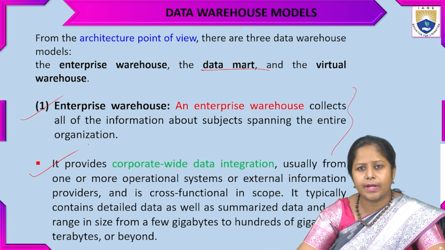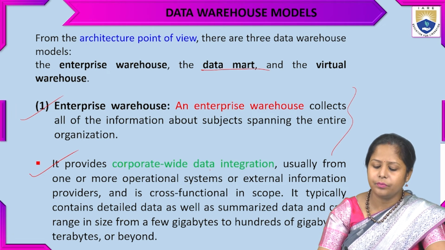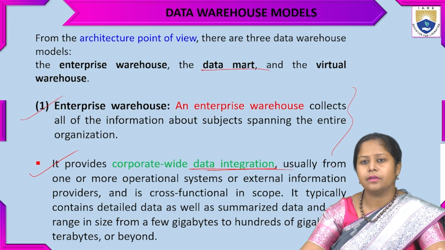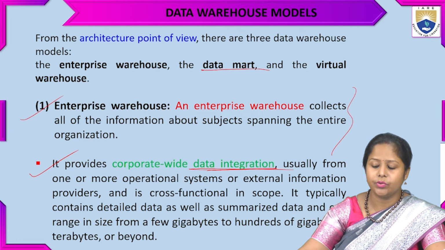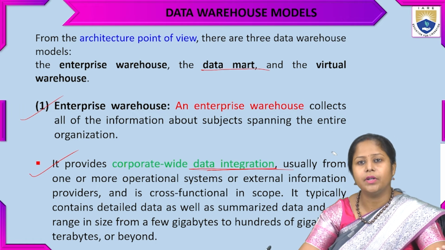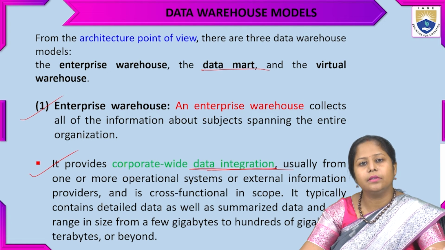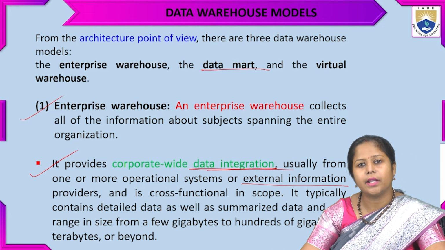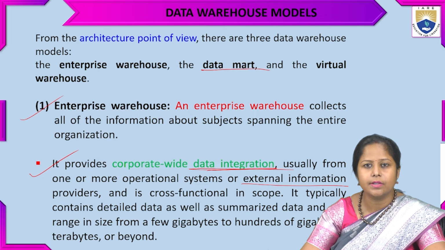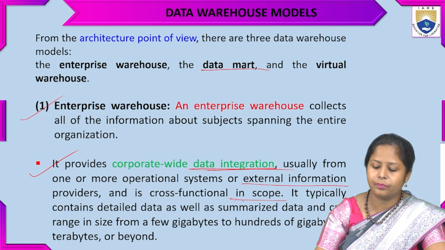It provides corporate-wide data integration, usually from one or more operational database systems, and it can also come from external information providers and external sources. The data is cross-sectional in scope.